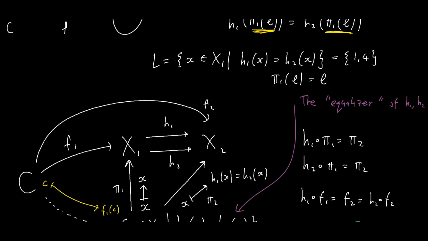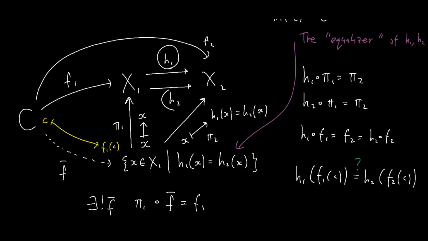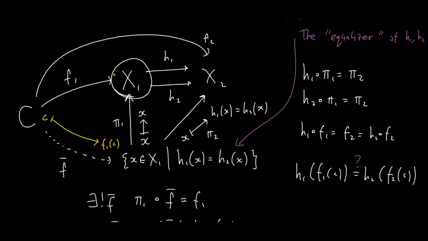Of course, when H1 and H2 are the same function, then these values will always be equal. So my equalizer will be all possible x's in X1. So basically this will be the same set as this one. So that's maybe the less interesting example where the limit turns out to be one of the objects in the diagram.